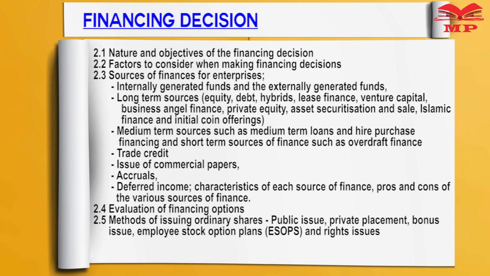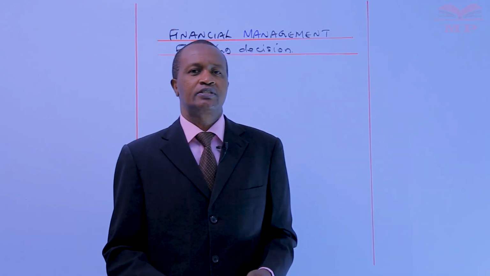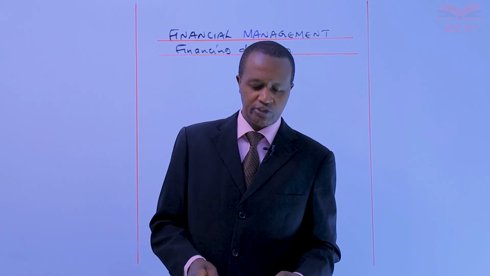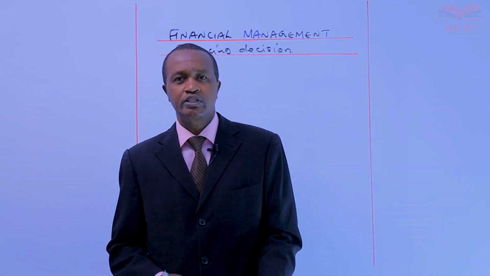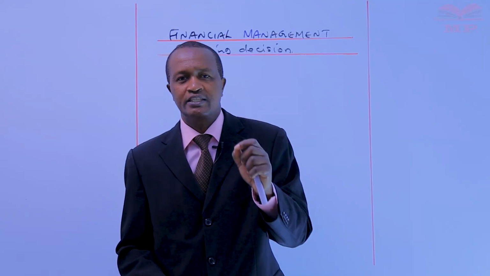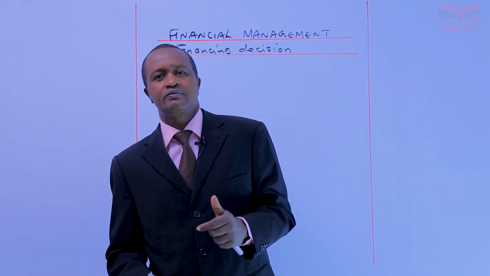And before we get into the objectives of the financing decisions, I'm going to make a few comments about the financing decisions. Now, candidates, the financing decisions are decisions regarding the methods that are used to raise funds which would be used for making acquisitions.